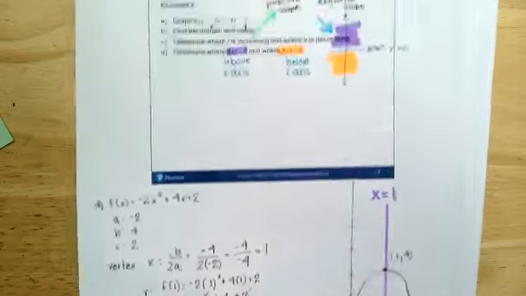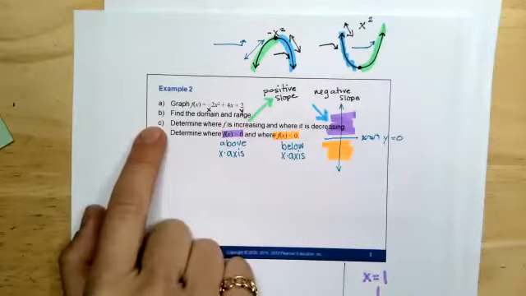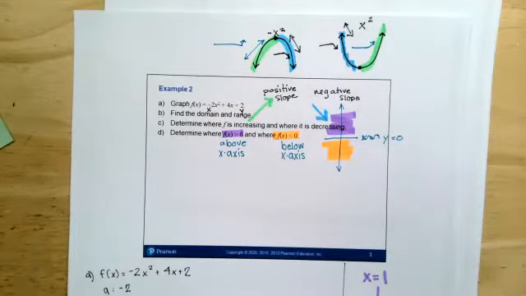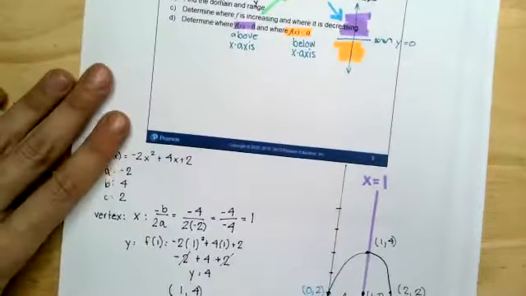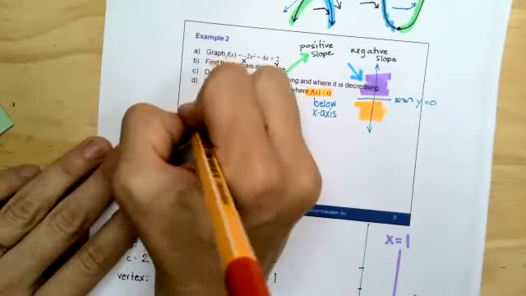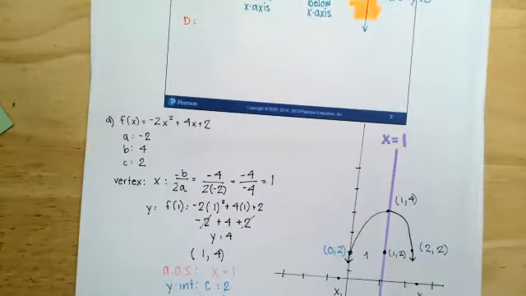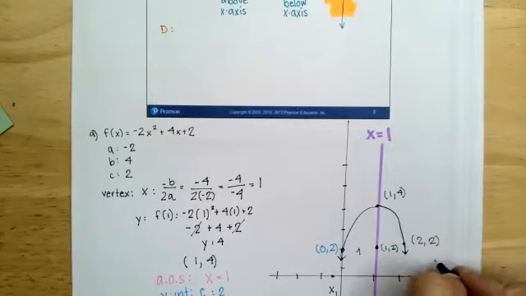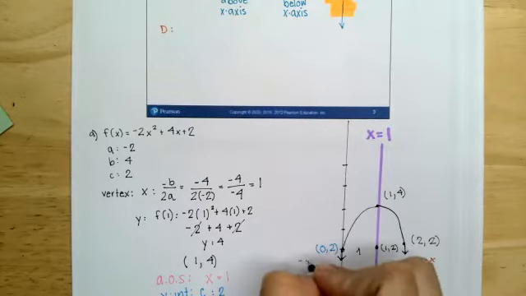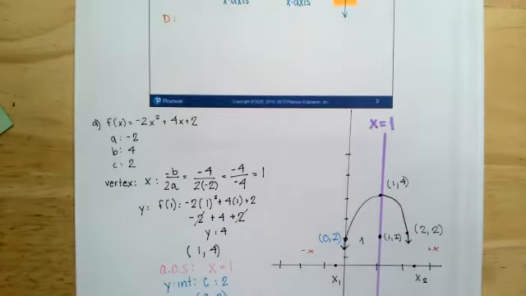Let's just do domain and range. Remember, domain is all of your x values. Where is it on the graph from positive x to negative x? Does it stop anywhere or does it go on forever?